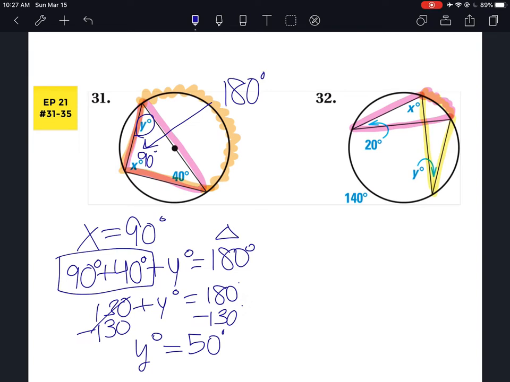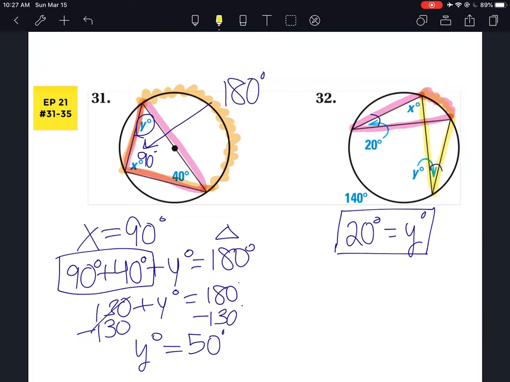If they have the same arc, that means that these two angles should be congruent. It is one of the theorems of circles. So I can safely say that 20 degrees and y degrees should be congruent to each other, which means that 20 does actually equal y. And that's how you solve the first part.